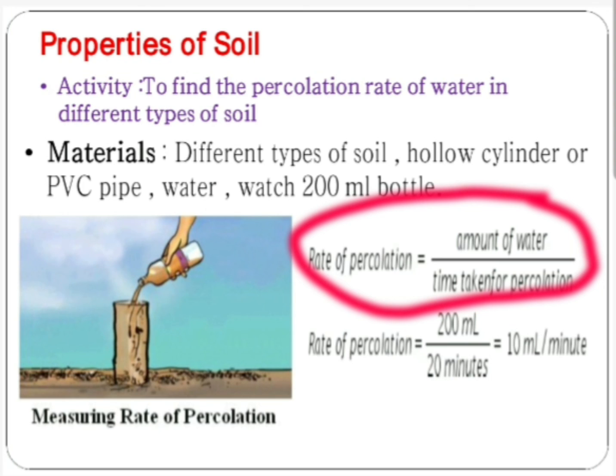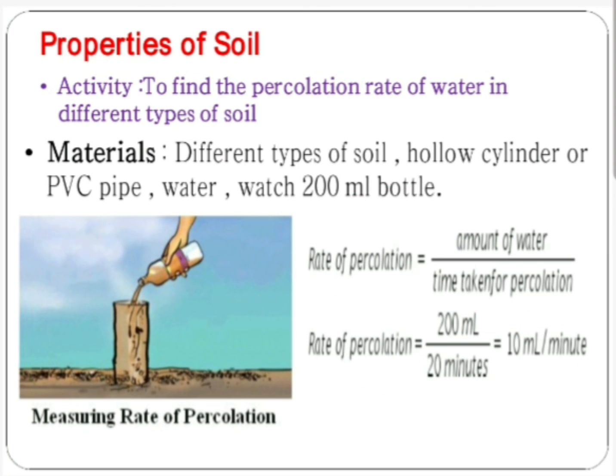Okay, for example, for one specific sample, it took 20 minutes for 200 ml to percolate. So, rate of percolation is equal to the amount of water, 200 ml, divided by 20, is equal to 10 milliliters per minute. Okay.